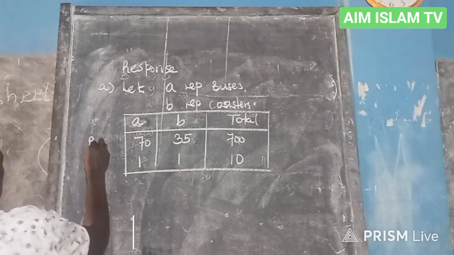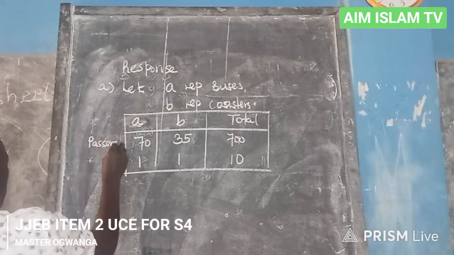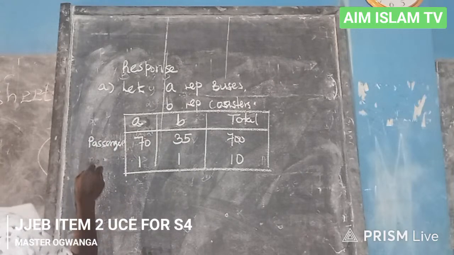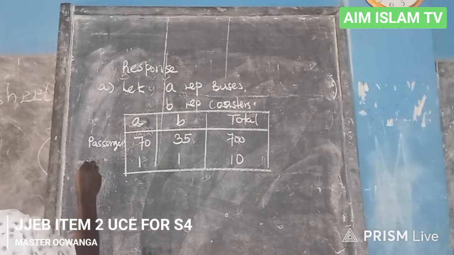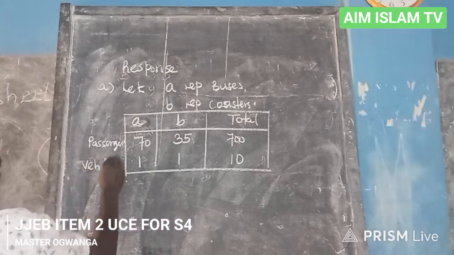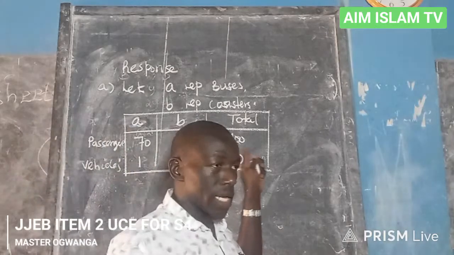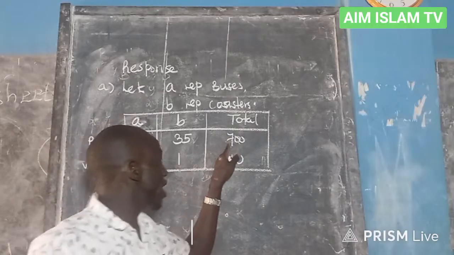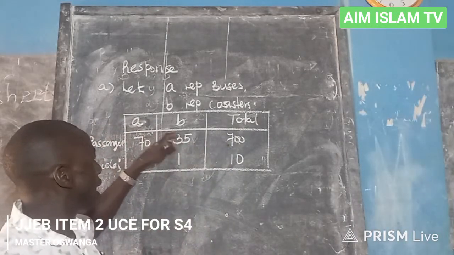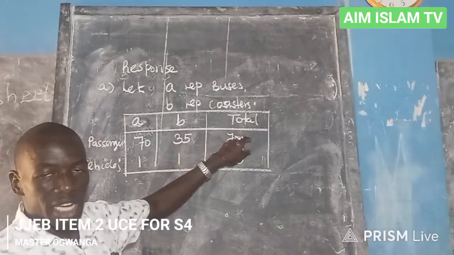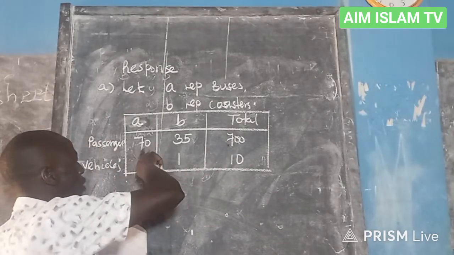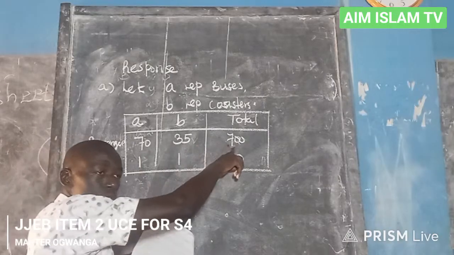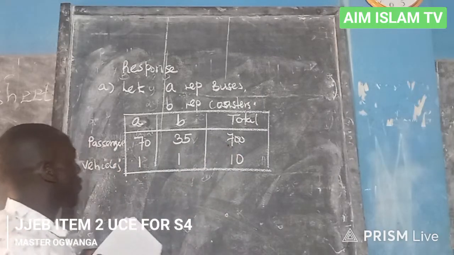So I describe this as the passenger, and this as the vehicle. If I come to my table here, it is very easy for me to form an expression that matches the given total, like for the first case, until we get to 700.